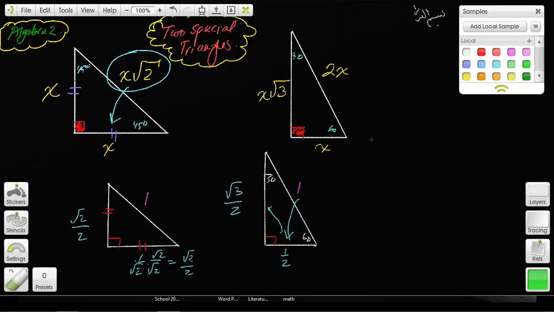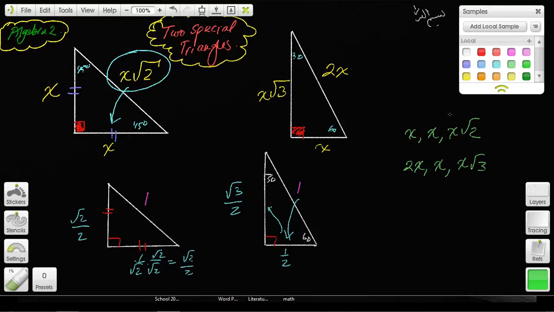So we realize the following. I'm going to summarize here before I finish. There are two special triangles. The 45, 45, 90 triangle is x, x, and x square root of 2. The 30, 60, 90 triangle has hypotenuse 2x, the side across from 30 is half the hypotenuse, and the third side is x square root of 3. This is mandatory information for standardized testing.